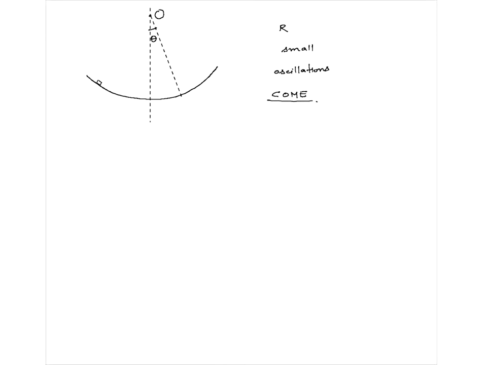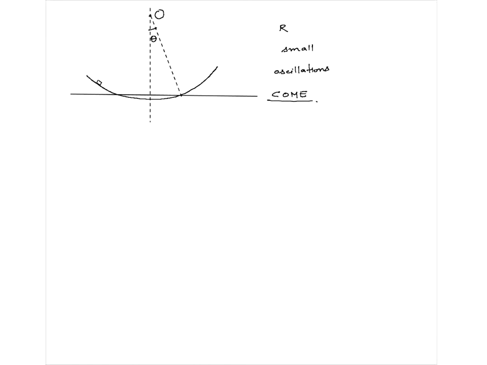Height is changing, so gravitational potential energy we will have to consider, and kinetic energy we will have to consider. For gravitational potential energy, we need a reference line. Let's say this is the reference line.